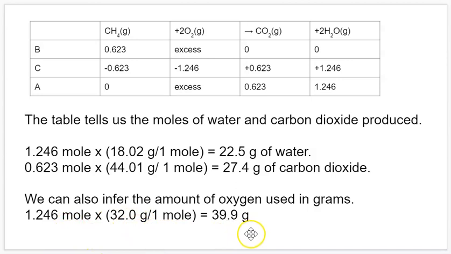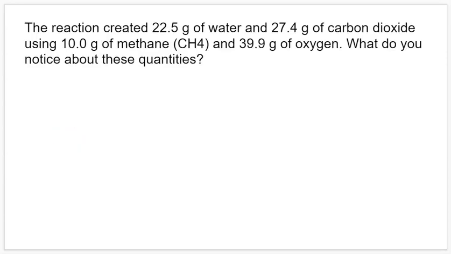And we get 39.9 grams of oxygen that was used in the reaction. That doesn't matter so much since the oxygen was just in the air; it was excess. But it's useful to be able to quantify these things. So this reaction created 22.5 grams of water and 27.4 grams of carbon dioxide using the 10 grams of methane that we started with and the 39.9 grams of oxygen that we calculated.